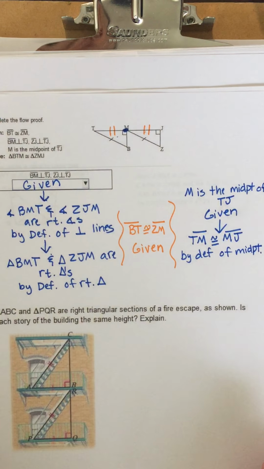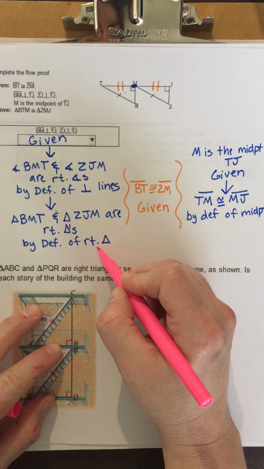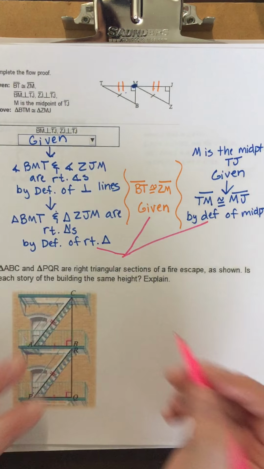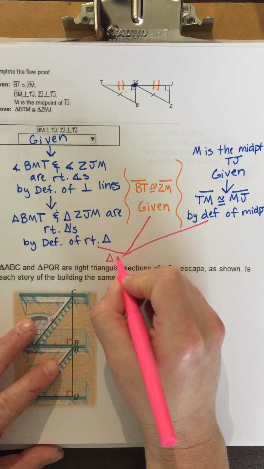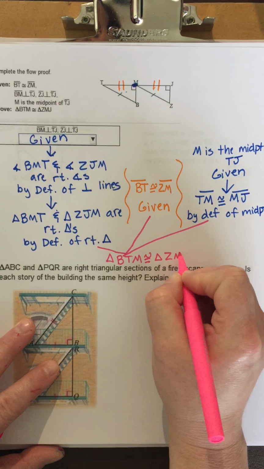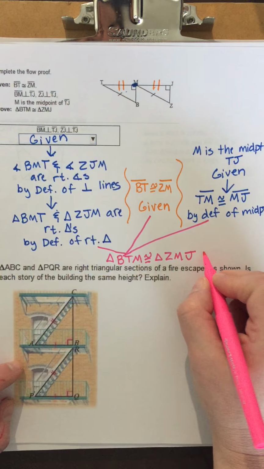We have that they're right triangles, and all that together will allow us to use, I'm just going to kind of bring it all together here. Because of all that, I can say that triangle BTM is congruent to triangle ZMJ, and that is by hypotenuse leg.